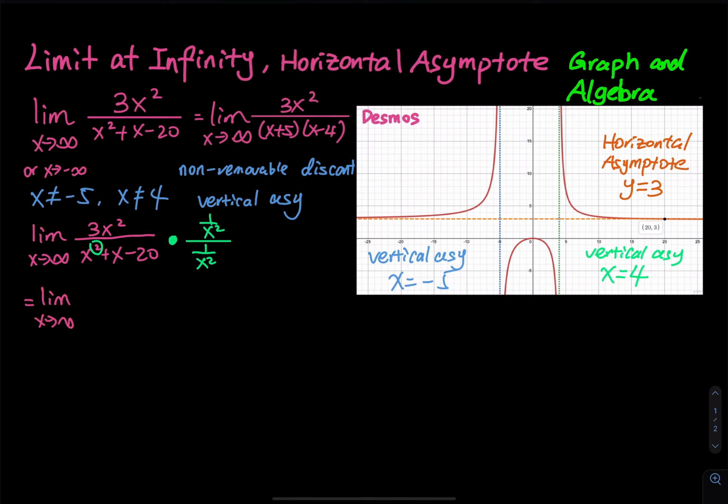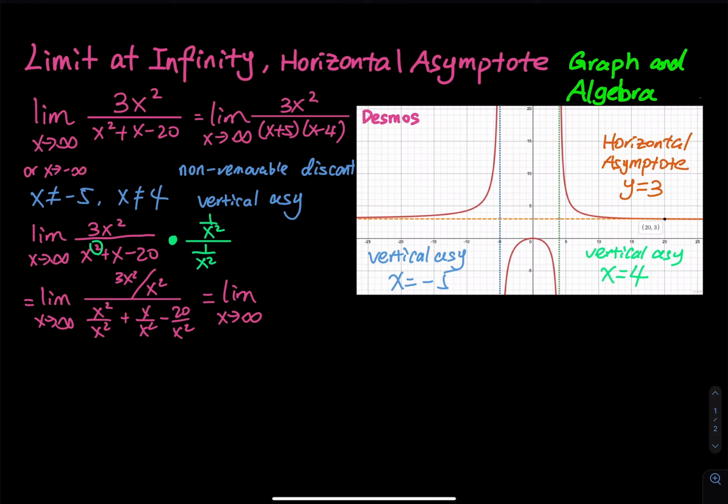So x approaches infinity, then you have 3x squared divided by x squared divided by x squared plus x divided by x squared minus 20 divided by x squared, and then you simplify the degree or the exponent. The top is 3x squared, just divide by x squared.